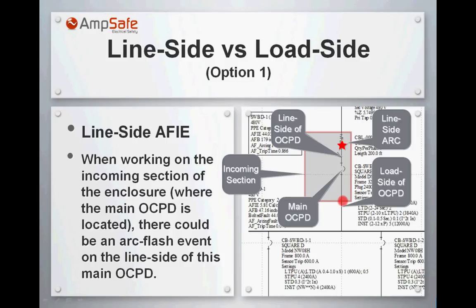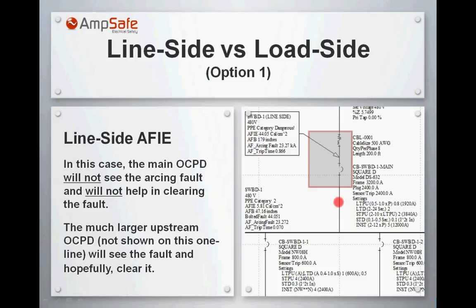In the line side, when you have an arc flash ahead of the overcurrent protection device, this main device will not even know that you have an arc flash. Well, there's still going to be some contribution from motors going to this point, but it's going to be much less, and it's really not going to help you with the majority of the energy that is coming from the utility from here.